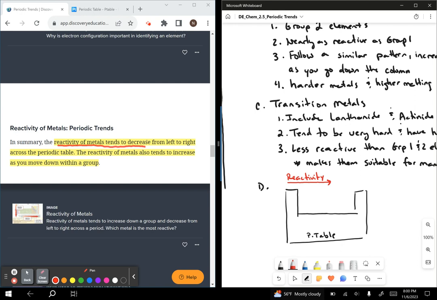Decreasing reactivity, let's put that down. And then what did we see as we go this way? The reactivity increased. And what are we talking about? We're talking about group 1, group 2, and the transition metals.